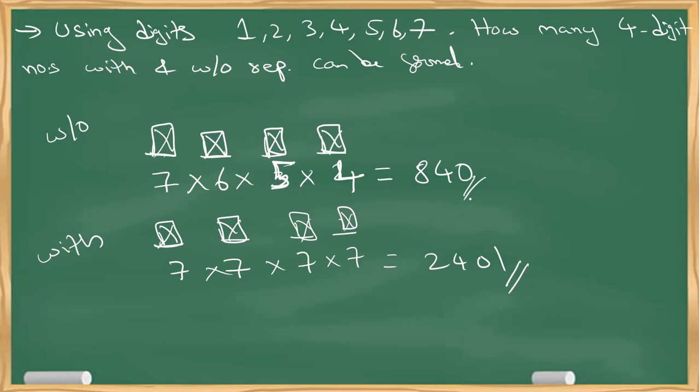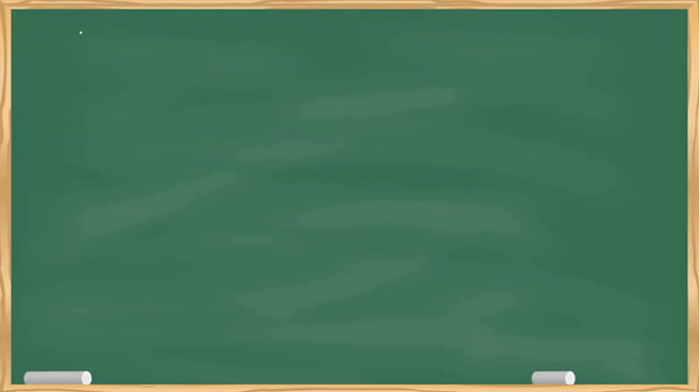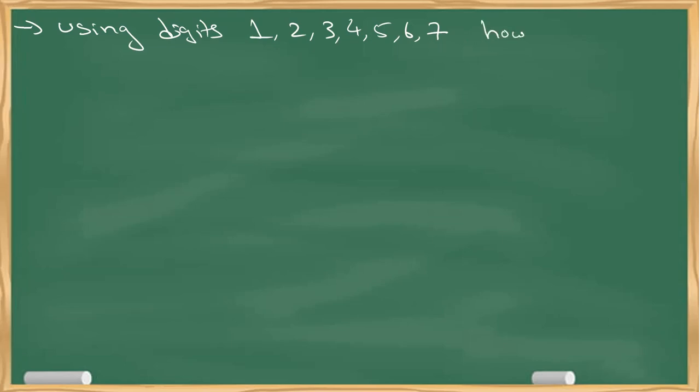Okay. Now let us proceed further with this question. Using digits 1, 2, 3, 4, 5, 6, 7, how many 4-digit even numbers can be formed?